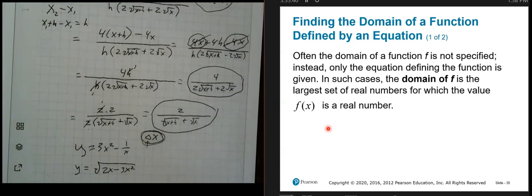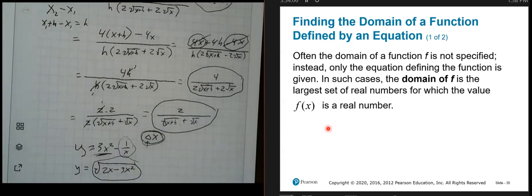That tells us our domains. There are some restrictions on what I can take the square root of in real numbers. There are some restrictions on what I can put in the denominator of a fraction. There are no restrictions on the numbers I can square. So we start looking at those domains.